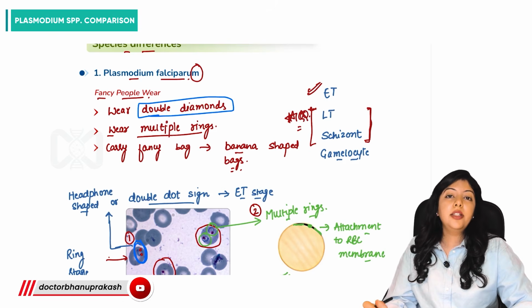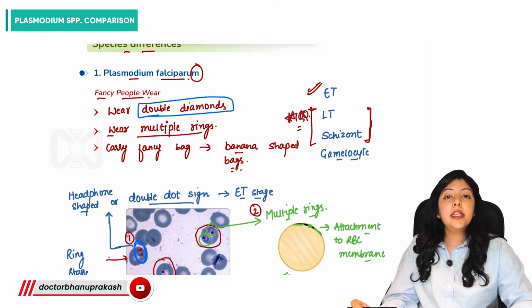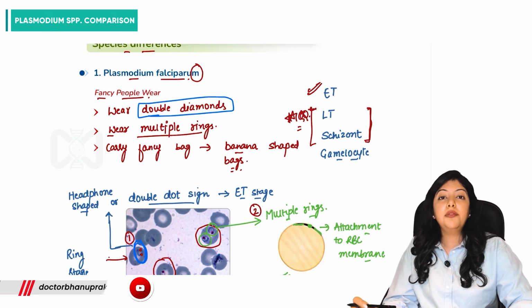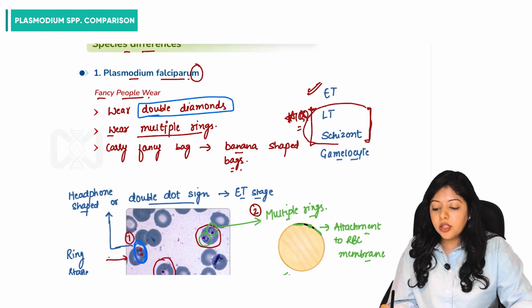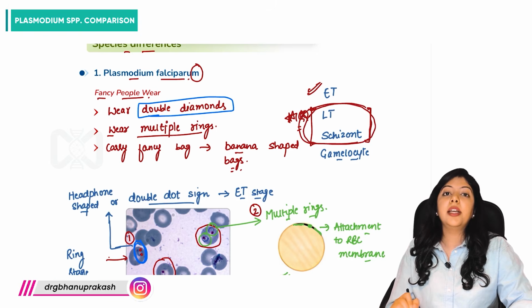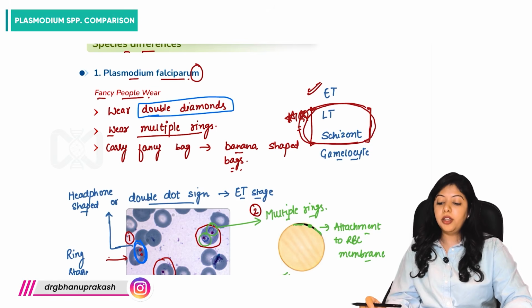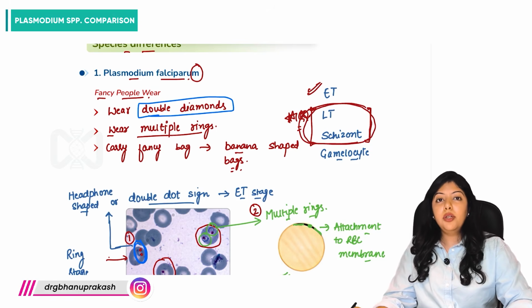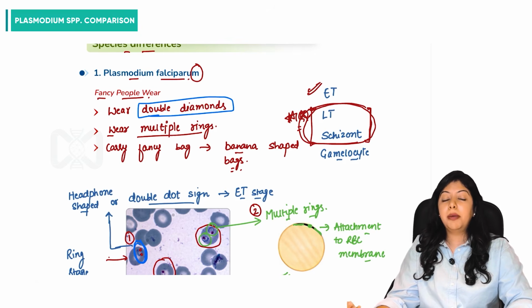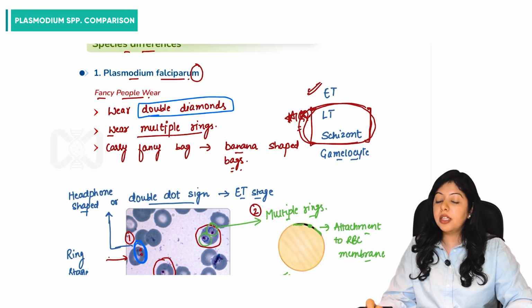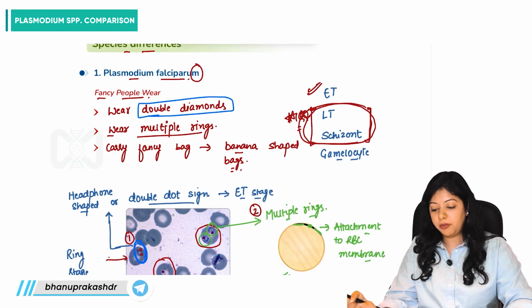Because the later erythrocytic cycles are taking place in the capillaries in different organs, in brain and other organs. So these two stages will not be appreciated in the peripheral blood smear. Examiners might give you questions about the schizont, what is the size of the schizont and what do we see in peripheral smear. Do not get confused. It is not visible in peripheral smear.